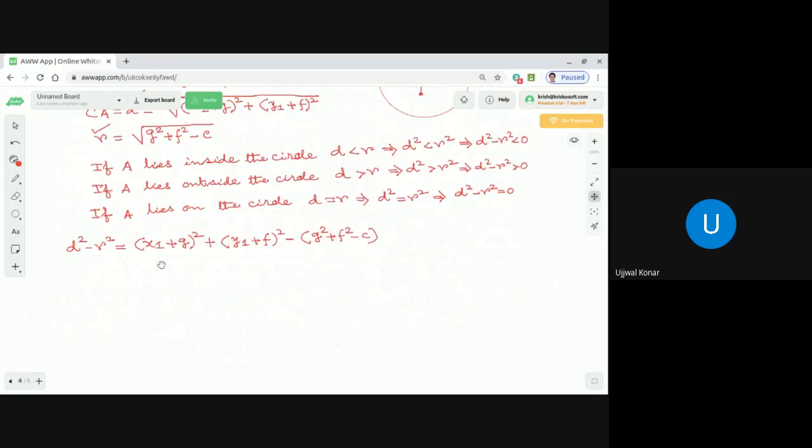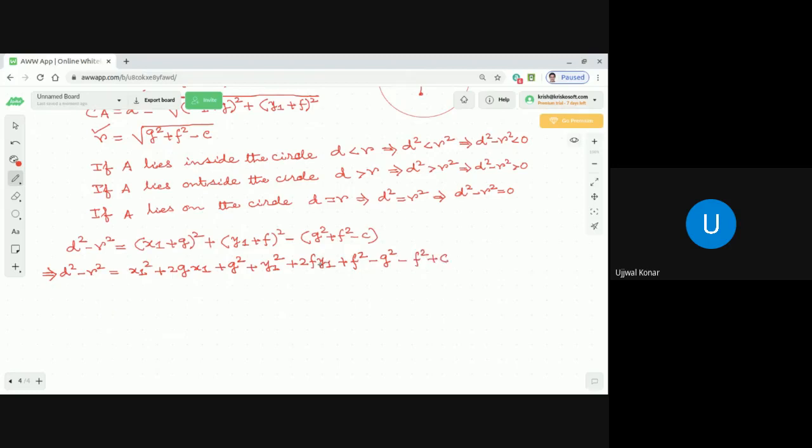So d square minus r square is equal to x1 square plus 2 into g into x1 plus g square plus y1 square plus 2 into f into y1 plus f square minus g square minus f square plus c.